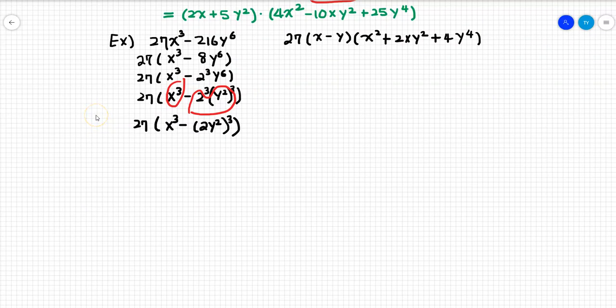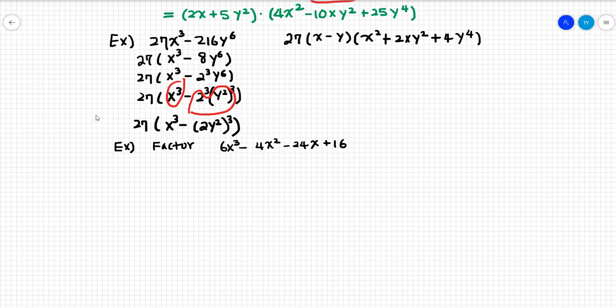Let's do this one more. This problem is, we want to factor 6x cubed minus 4x squared minus 24x plus 16.